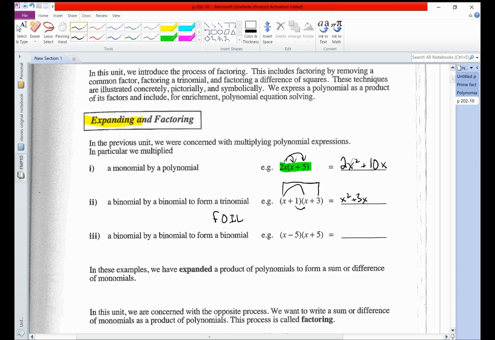Inside: 1 multiplied by x is x. And last: 1 multiplied by 3 is 3. And you can simplify this because the middle terms are like terms. So 3x plus x gives us 4x plus 3.